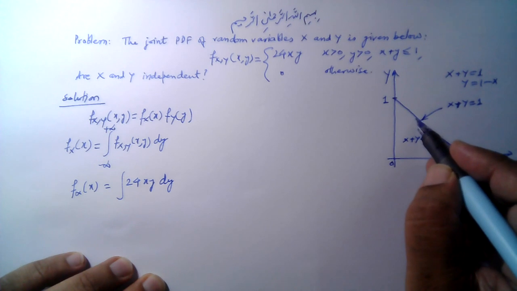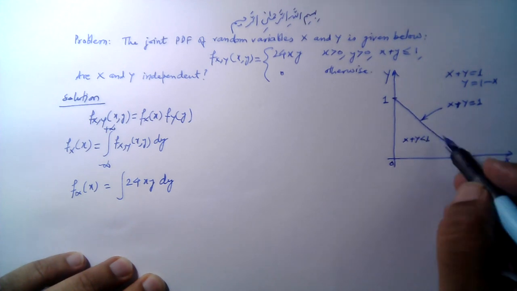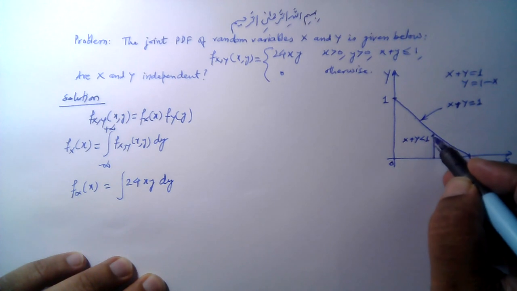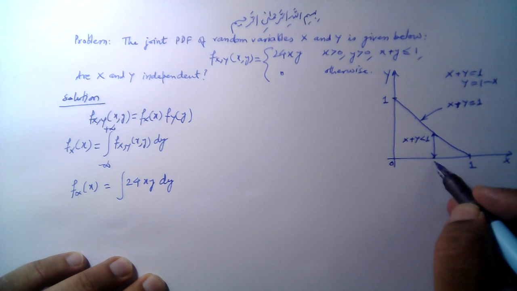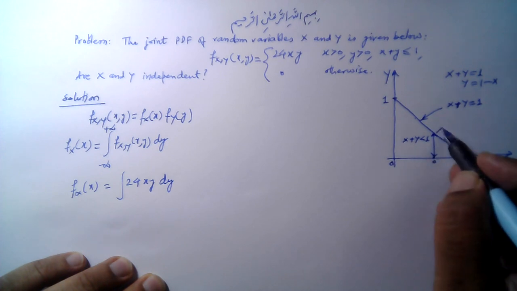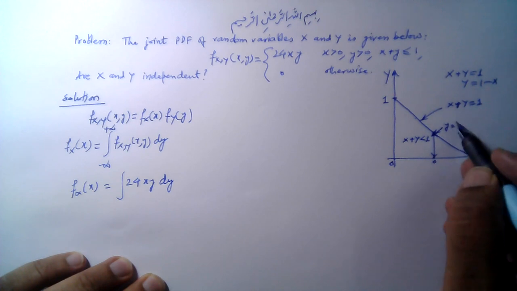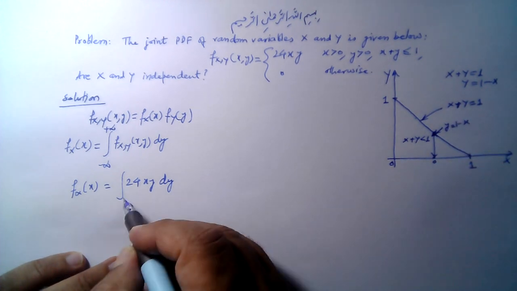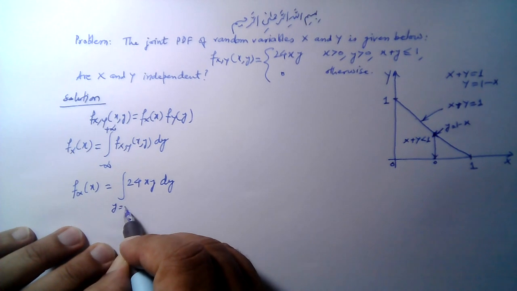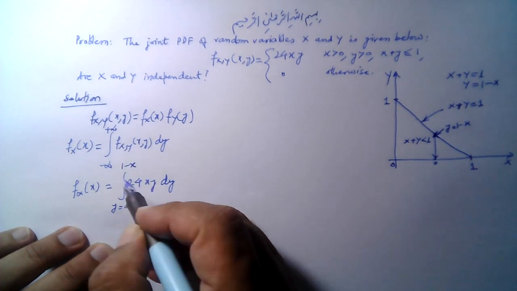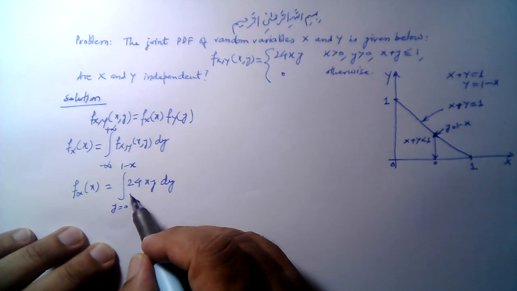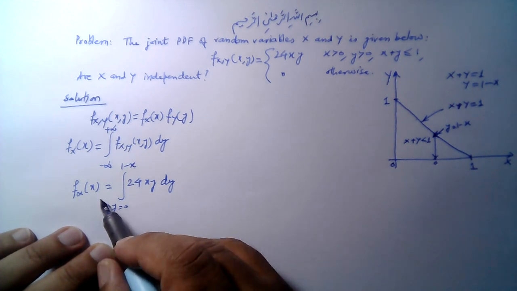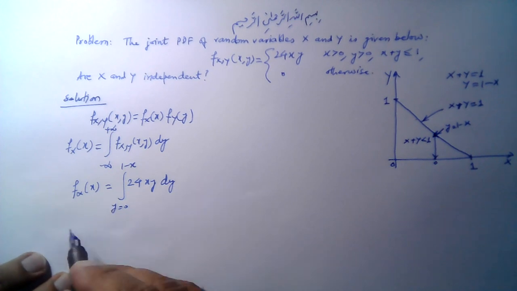If, for example, we take an arbitrary line here for y, it has y equal to 0 here, and at this point y is equal to 1 minus x, right? So the limits for y are y equal to 0 to y equal to 1 minus x. The limits should be in terms of x, because we are to determine the PDF for random variable x.